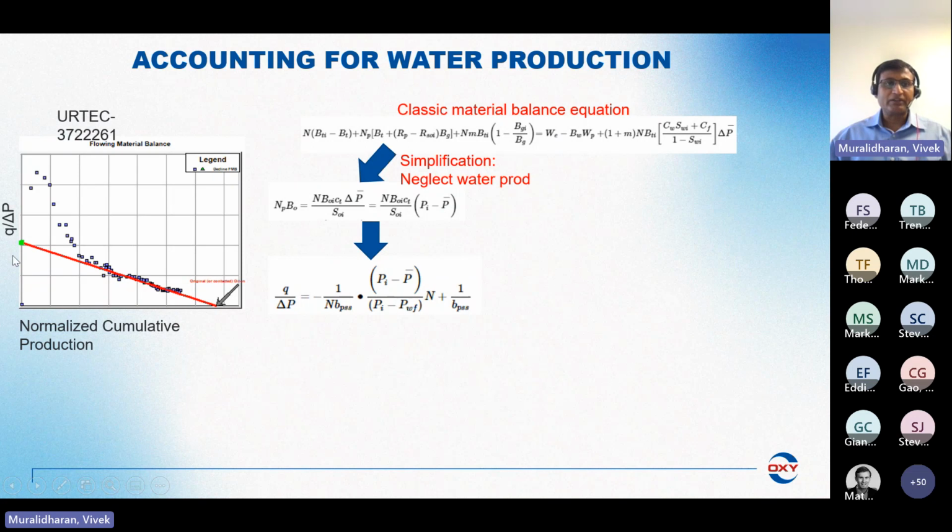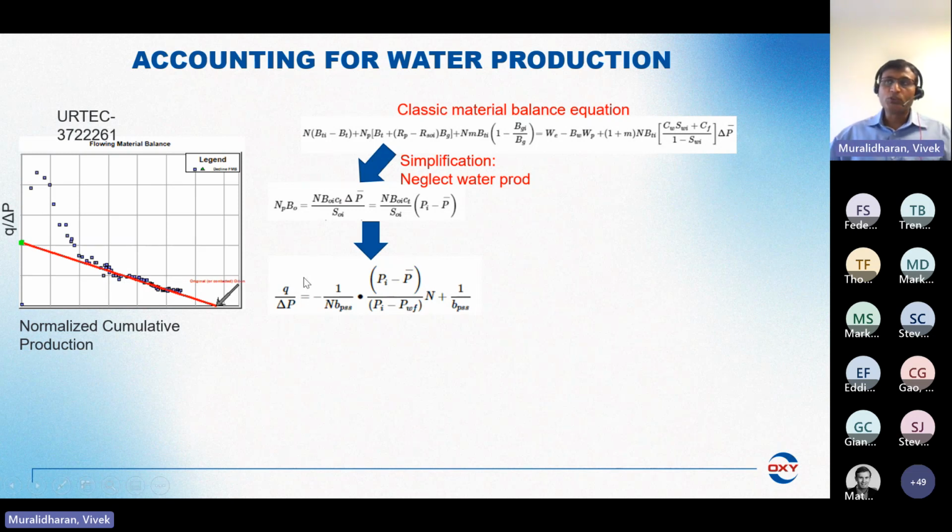You plot the productivity index, which is the normalized cumulative production, and you extrapolate that trend to get your SRV oil in place. That's the typical industry standard, a single phase. In modern software we have the capability of doing the multi-phase equations as well, but this is more of a general workflow that many people use.